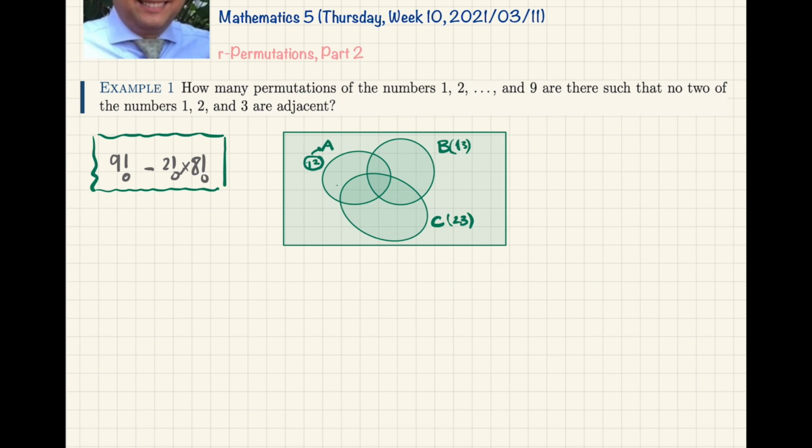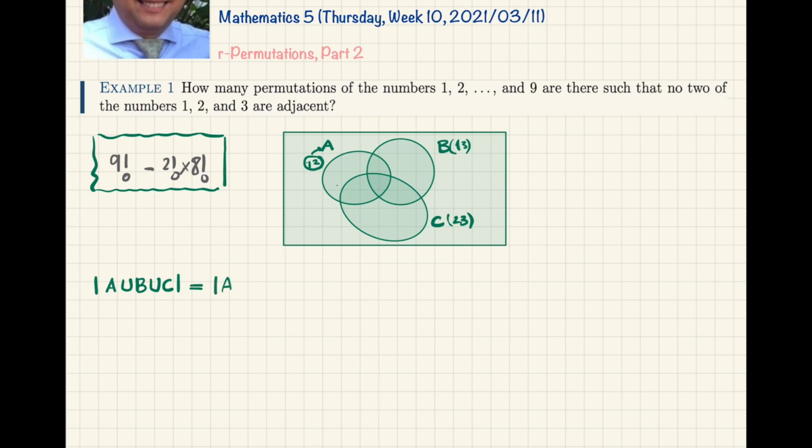Good. Now, do you remember when I was teaching you set theory, I talked about the cardinality of this. So we learned about how to calculate the cardinality of the union of these sets. If you have forgotten, let me just write the formula here.